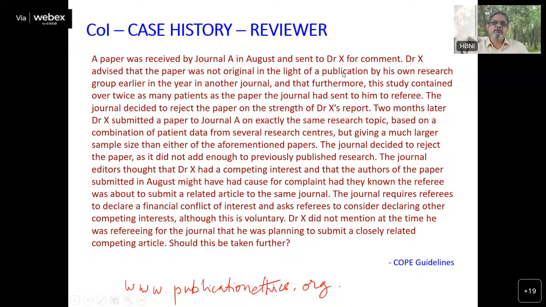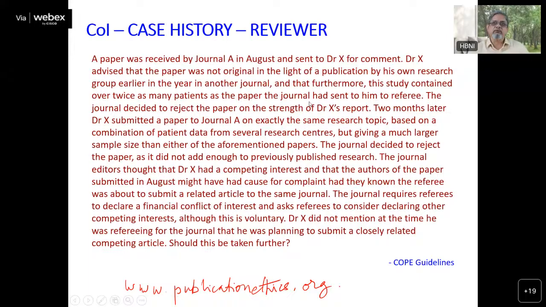Because he himself, or probably his own research group, had published something a little before in another journal, and that study, which is his, contained more than twice the number of subjects or patients as the paper which had been sent to him for refereeing.